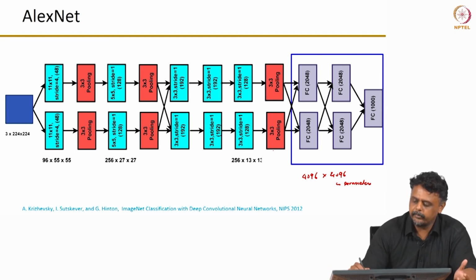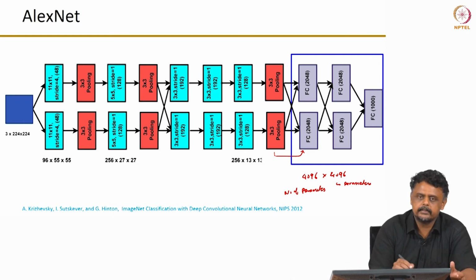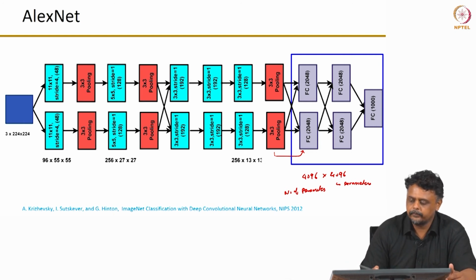Of course, the number of parameters coming from the pooling layer to this layer is much higher, because after the pooling you would have to unroll it to make it into a fully connected layer. Okay. So, this is the typical computation required. A lot of the parameters here are huge. This is the number of parameters that I calculated. But a lot of the computations happen in the earlier stages also.